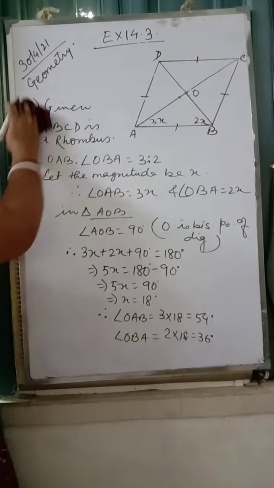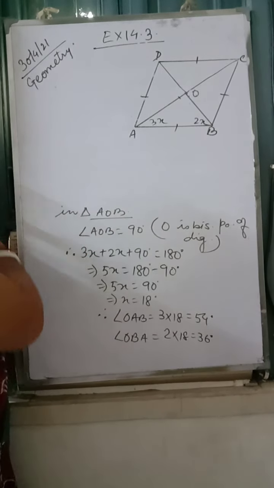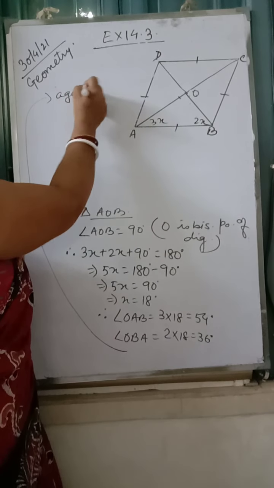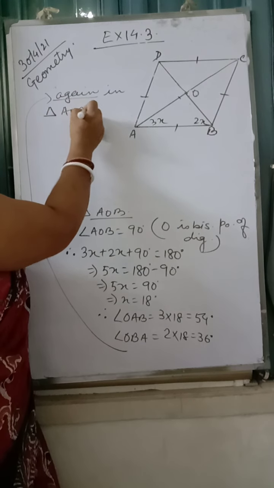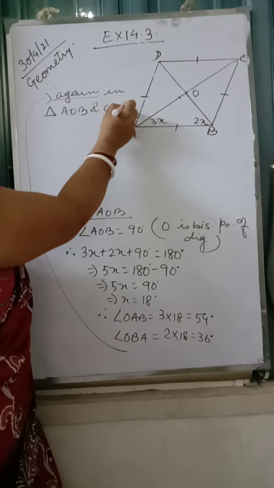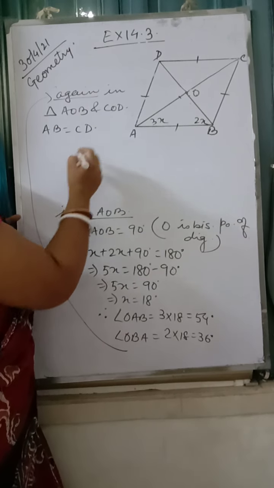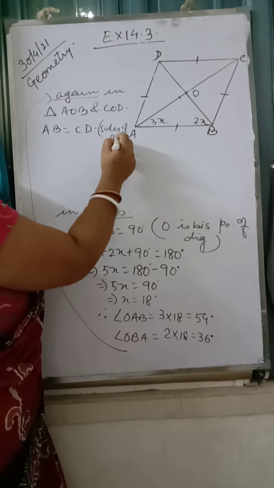So what we are going to do? We are going to prove triangle AOB is congruent to triangle COD. Again, in triangle AOB and COD, AB is equal to CD, sides of rhombus.